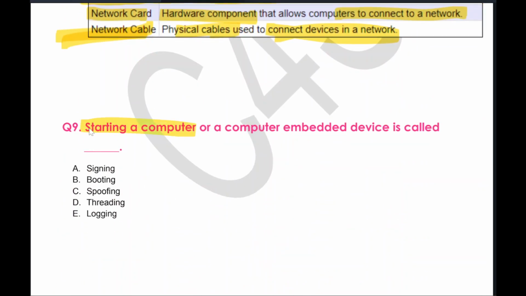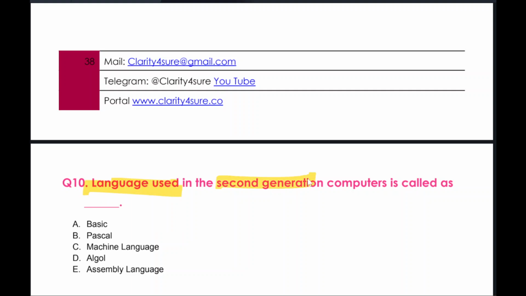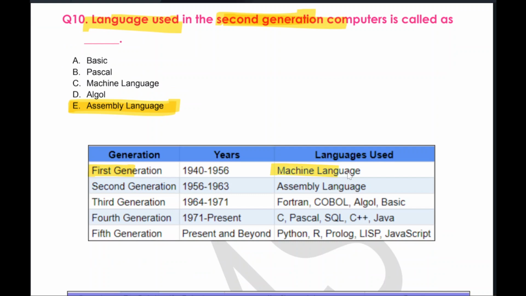Starting a computer or a computer embedded device is called booting. This is also simple. The language used in the second generation computer is assembly language. We have already seen this. For first generation, it is machine language. Second generation, assembly language.